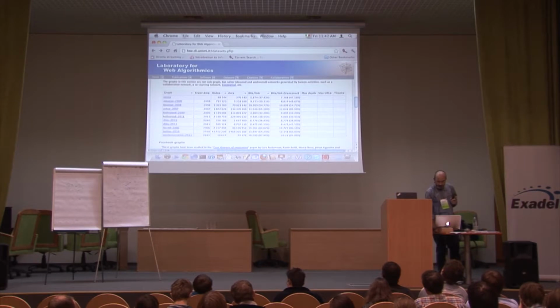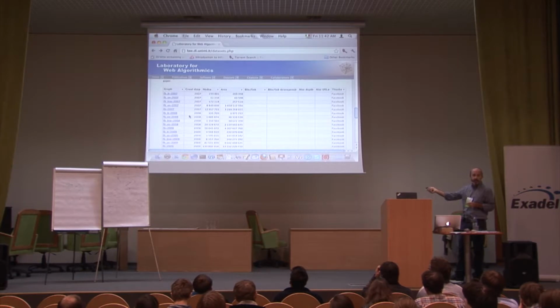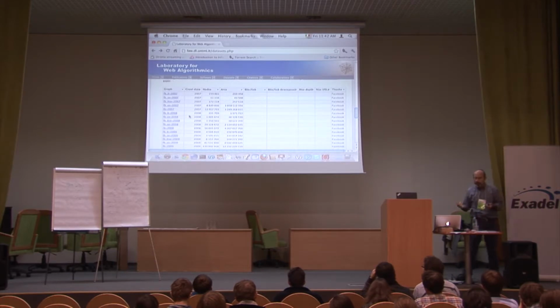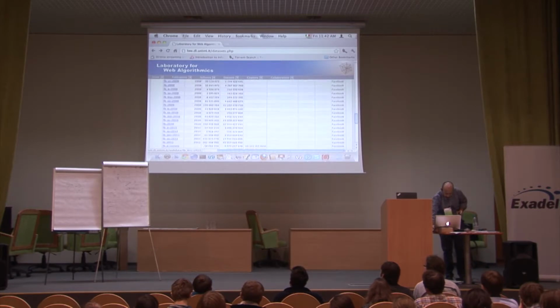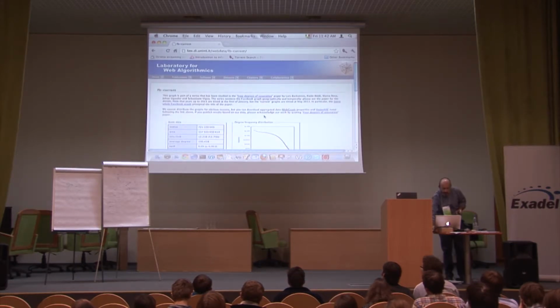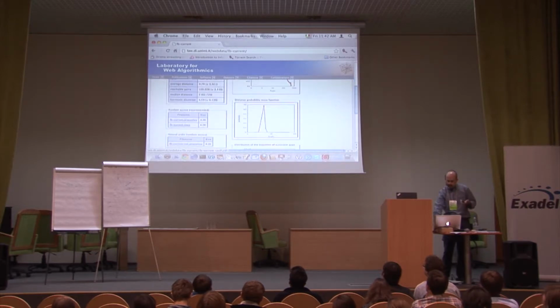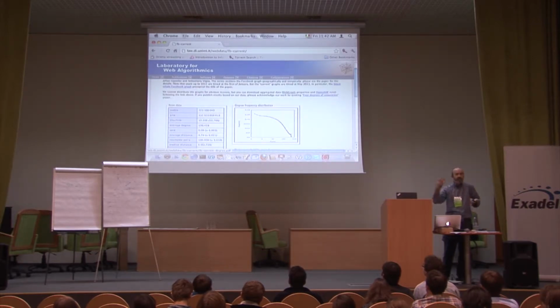For some graphs, we cannot give away the actual graph. For example, these Facebook snapshots, we don't own them. We don't have the legal permission to give them away. But still, you can click on it and, for example, let me see. OK, so Facebook current, which is the largest snapshot of Facebook we have. We can give away some data, because we asked Facebook permission to do that. So you can have the degree distribution. The degree distribution, by the way, is the distribution of the number of friends a person has.